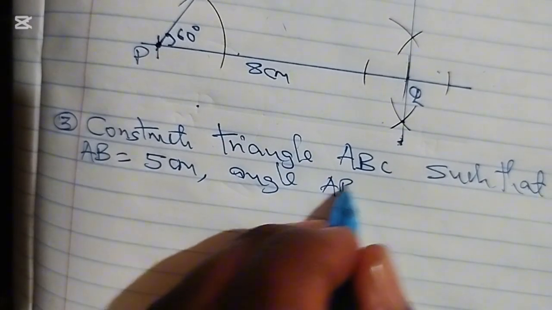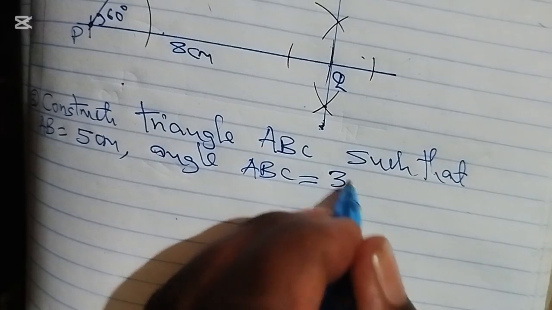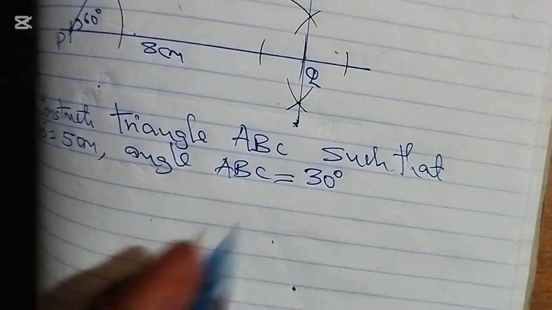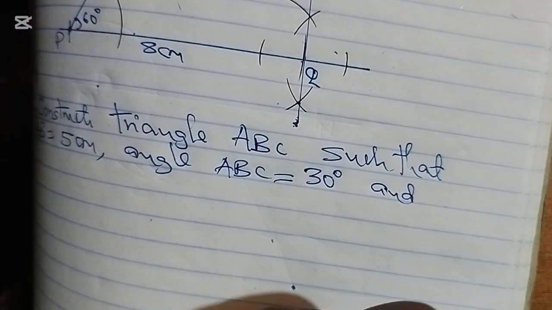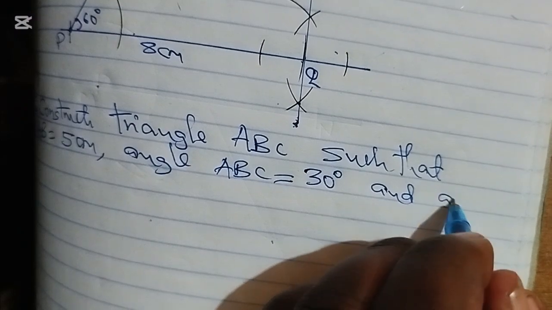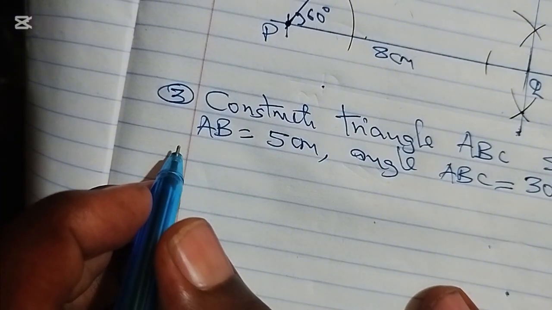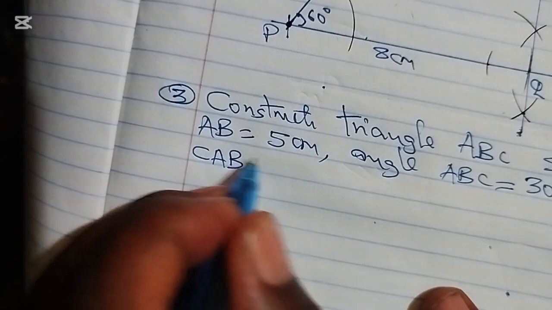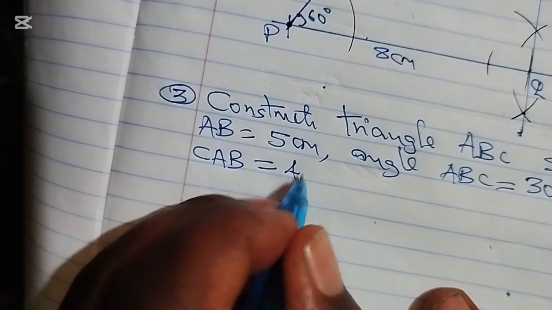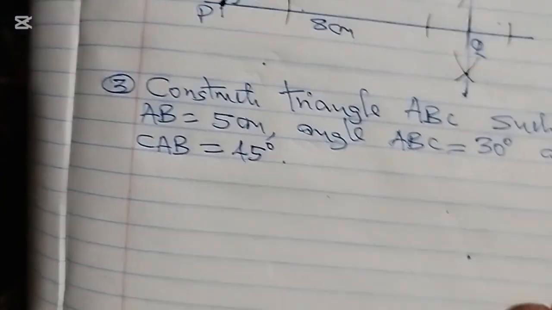Angle ABC is equal to 30 degrees, and angle CAB is equal to 45 degrees.